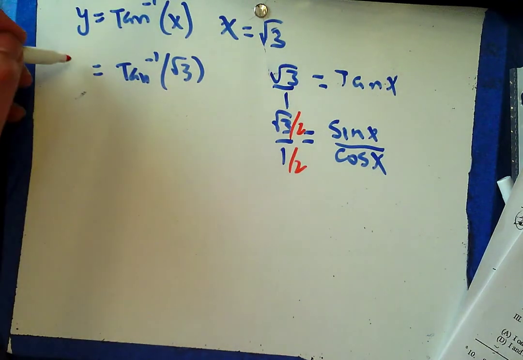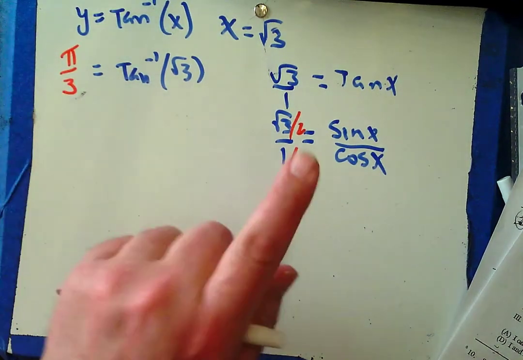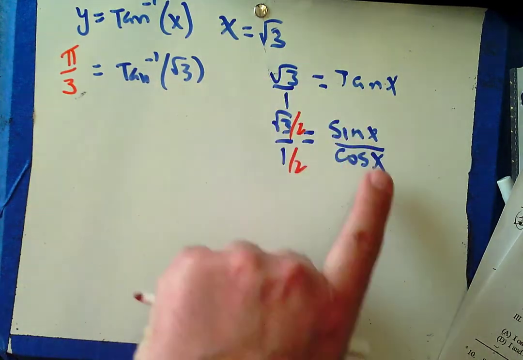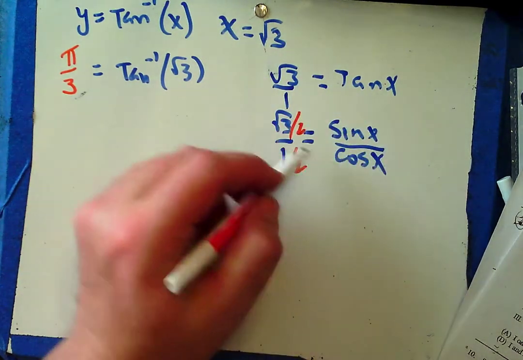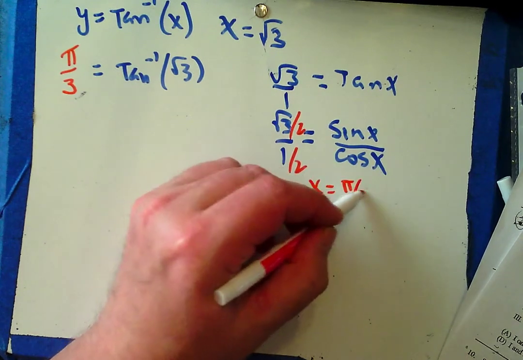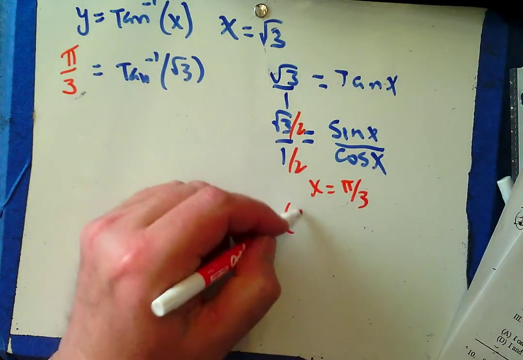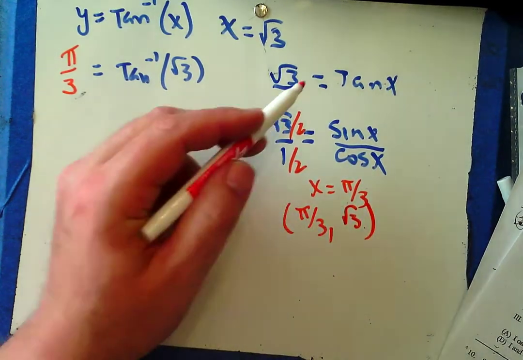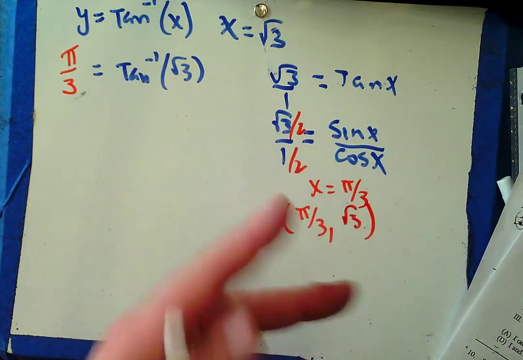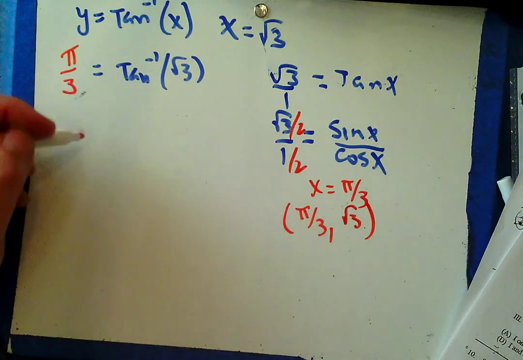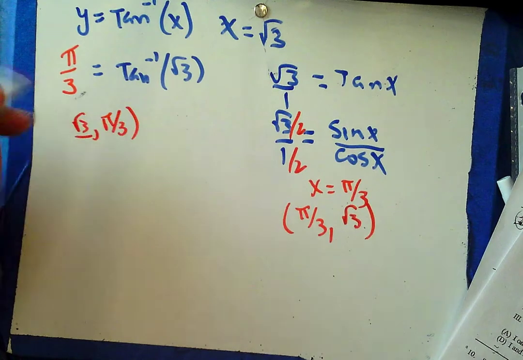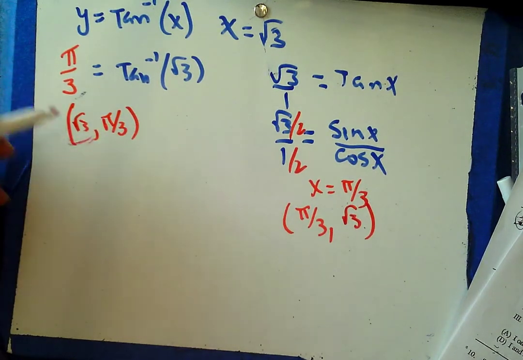So my output here is pi over 3 because this output gave me an input. And so I have this ordered pair, pi over 3, root 3 on the tangent function. When I switch those, I now have root 3, pi over 3 on inverse tangent.